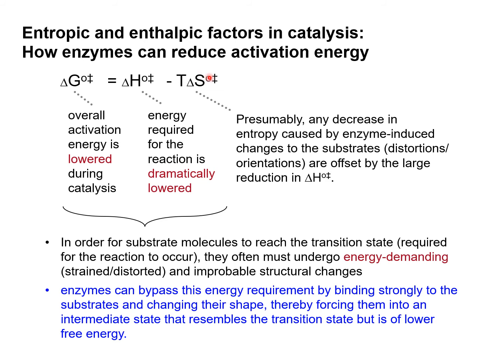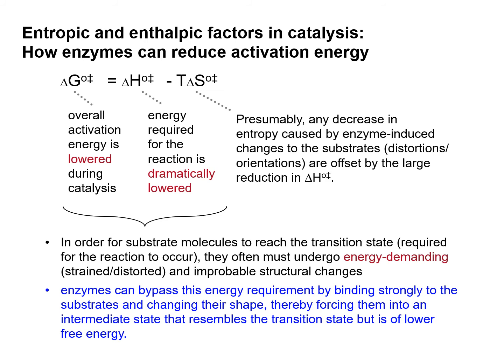So you're going to have the smaller value here, which can actually affect the delta G to be increased. So that's not good for the catalysis, but this entropy decrease is offset by the large reduction of the enthalpy.